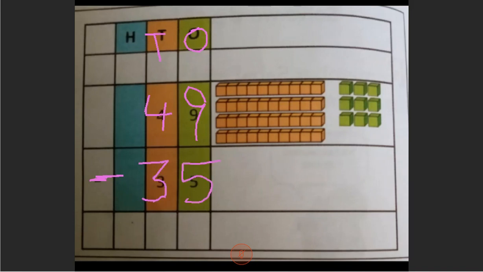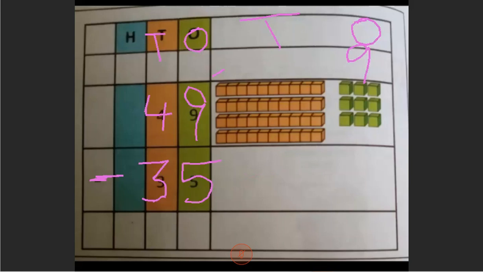Okay, child. Now we are going to do the subtraction. Yes, you can see the boxes. Let's count it. Yes, here 9 is there. So 9, how many green color boxes? 9 green color boxes are there. Yes, this is the ones place, 9 green boxes.